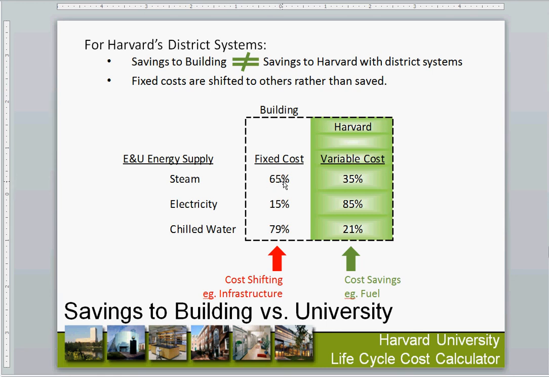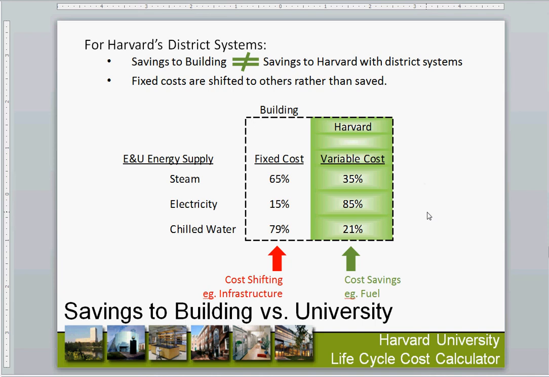And so what that means is the way we bill, instead of Harvard just saying all of the users have to pay our fixed costs up front and we're only going to charge you for the variable cost, we blend the rate. Each year they go through a budgeting process where they say our fixed costs are, let's say, $1 million, our variable costs are $350,000, and so our total costs are $1.35 million.